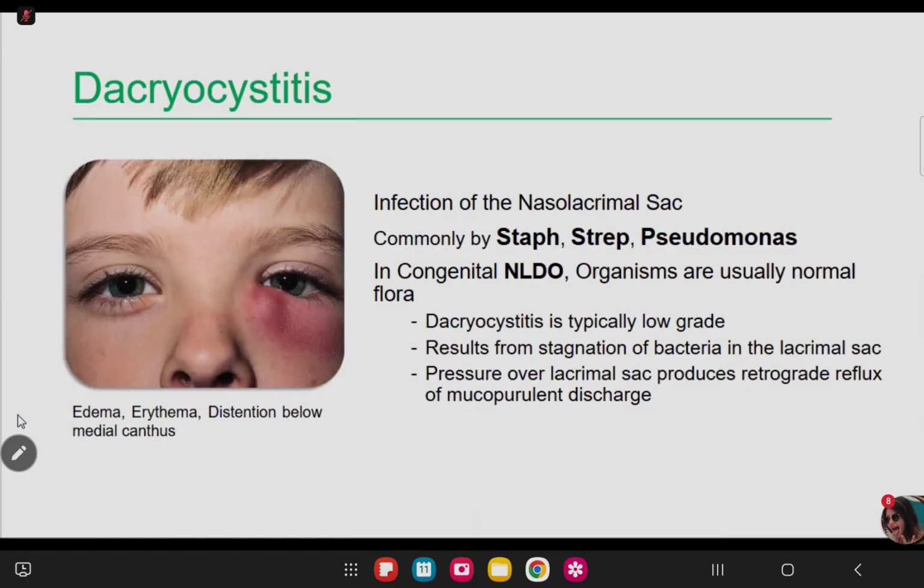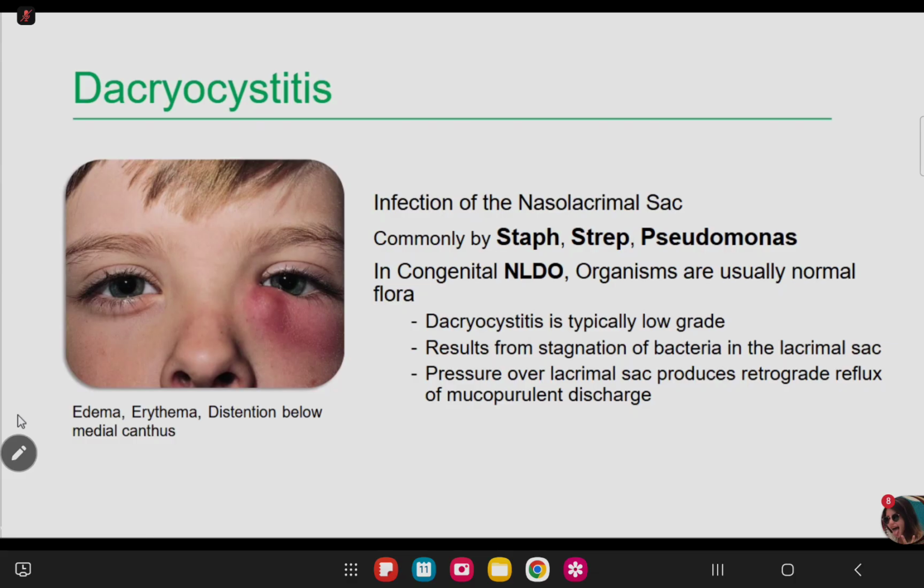Another interconnected condition would be your dacryocystitis. So in relation to the lacrimal drainage system, dacryocystitis can also occur in children, as their nasolacrimal ducts are still small or still developing.